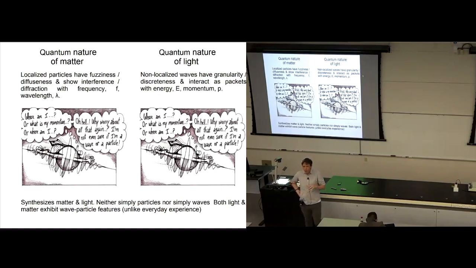And particles are no longer simply little billiard balls. We can no longer imagine them like that from our everyday world. Particles and light, electrons, say, and photons, exhibit particle-like and wave-like properties. They are really neither particles nor waves.